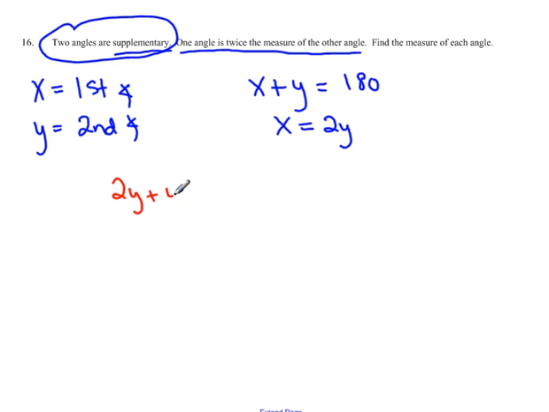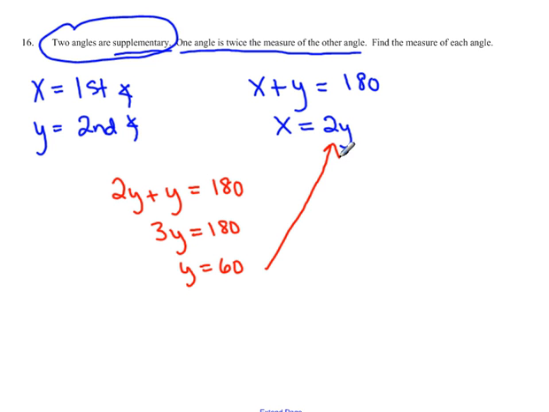So 2Y plus Y equals 180. Collect your like terms, divide by 3, and Y equals 60, which means one of the angles measures 60 degrees. Plug this into the bottom equation or the top and substitute to find X. So 2 times 60 equals 120.